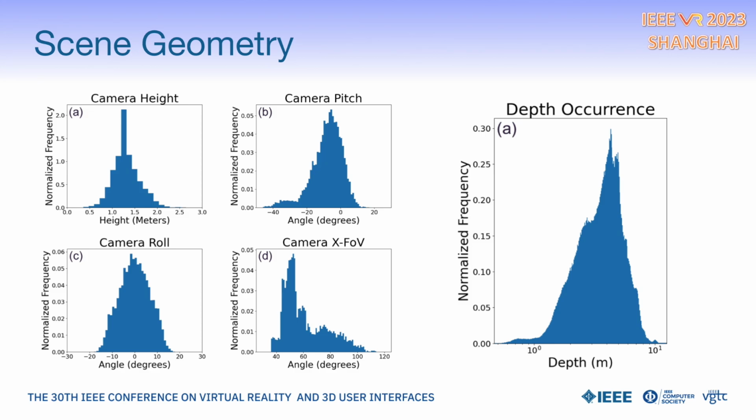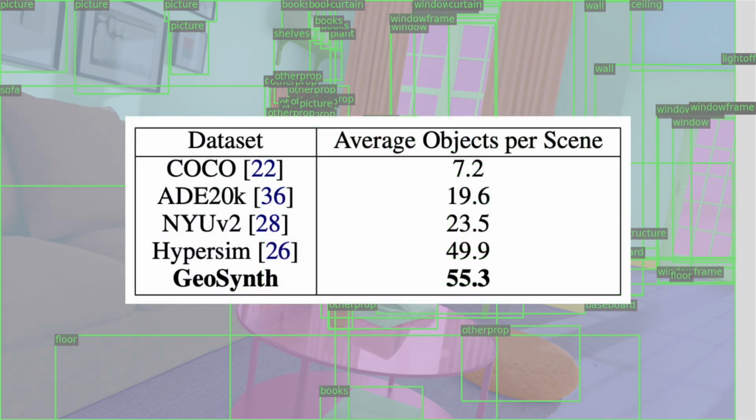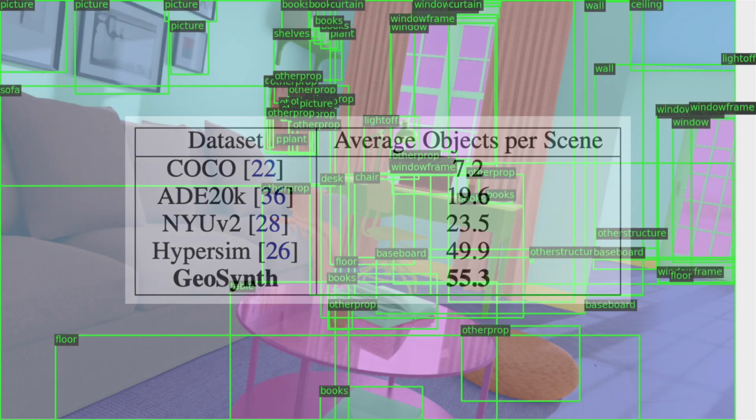A comparable dataset, HyperSim, has a larger average depth value of 5.4 meters because they include larger and more open commercial scenes while we focus on smaller, more typical residential spaces. On average, each scene contains 55.3 objects, more than HyperSim's 49.9, and significantly more than 8020K's 19.6. Each GeoSynth scene better represents their real counterpart by containing more everyday objects and clutter.